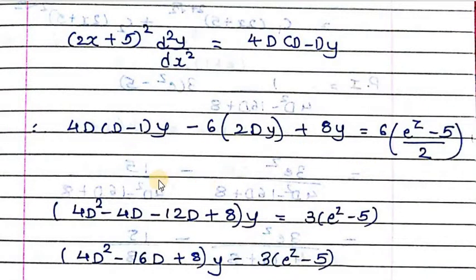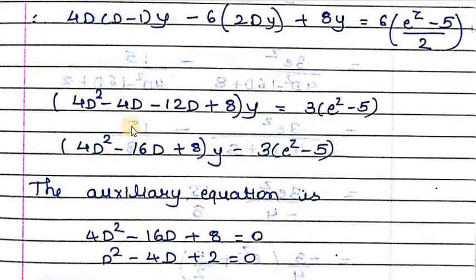Now we simplify: 4D times D is 4D^2, minus 1 times 4D is 4D, then minus 6 times 2D is 12D, plus 8y equals 6 by 2, which is 3, times (e^z minus 5). So 4D^2 minus 4D minus 12D gives minus 16D, plus 8y equals 3 times (e^z minus 5).